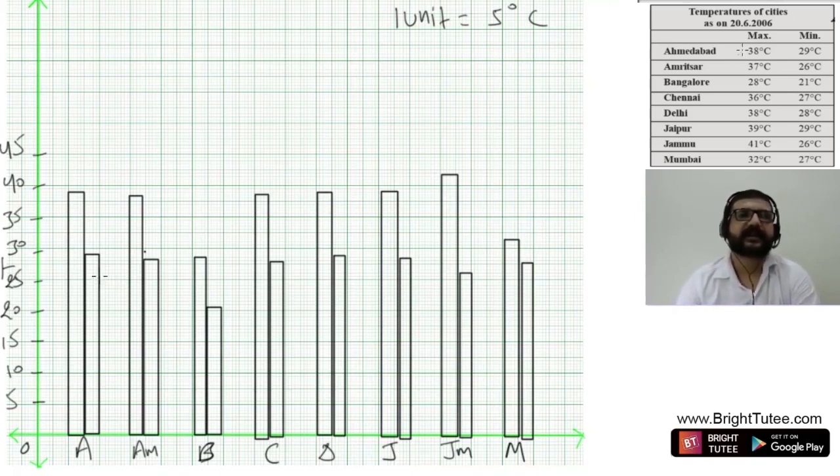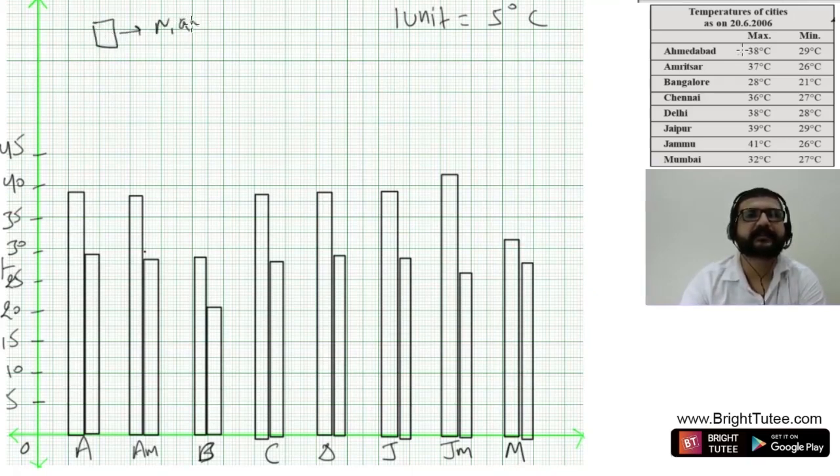Now let's shade every second bar which is representing minimum temperature. So the empty bars will be representing maximum temperature and the shaded ones will be representing minimum temperature. Let's shade every second bar.